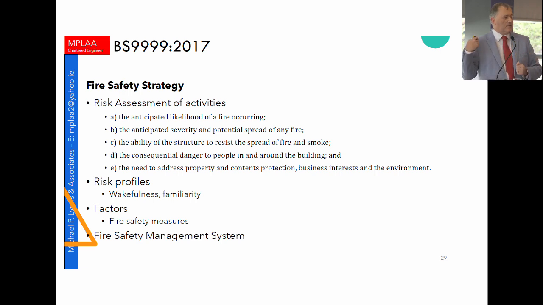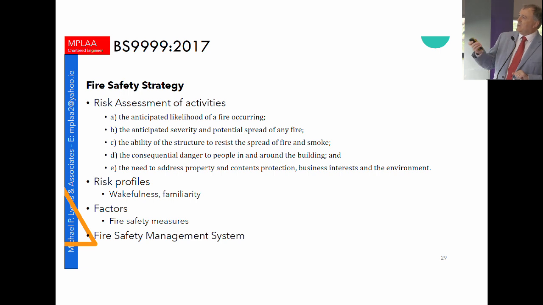But I think the 2024 version of TGD B has taken the wind out of a lot of those scenarios because it provides details for compliance for specific aspects that 9999 may have been used for before.